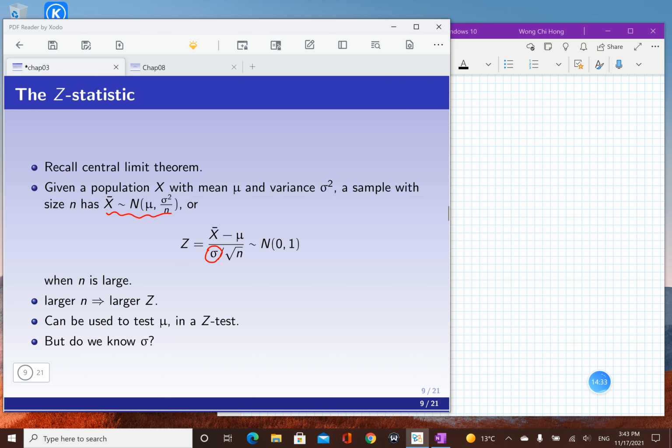How do we expect to know sigma? If we don't know mu, there's no reason why we should have sigma as well. That is the reason why we don't often have a z-test in your experiments.